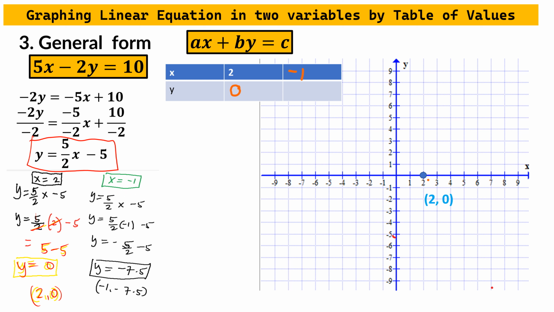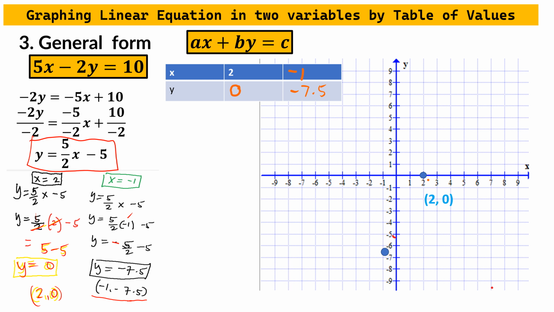If x is -1, what will be the value of y? Substituting x by -1, we have -5 halves minus 5. The -5 halves is equivalent to -2.5, minus 5 becomes -7.5. Our ordered pair is (-1, -7.5).